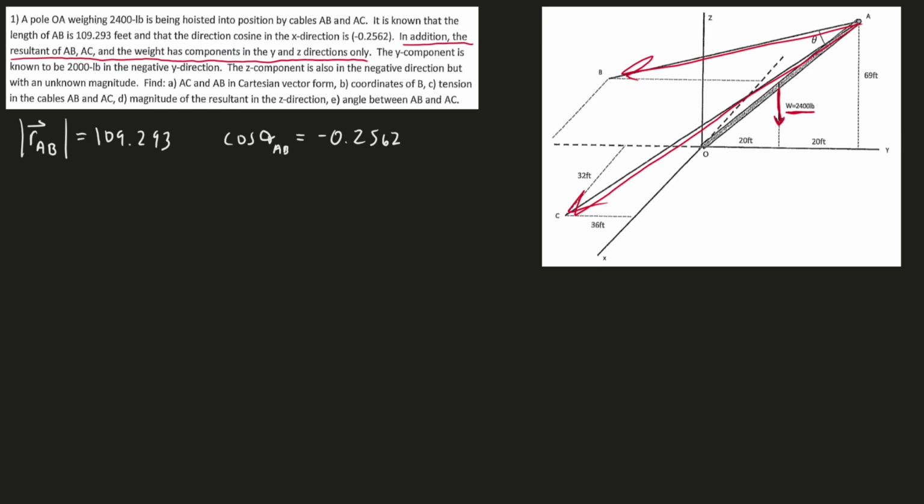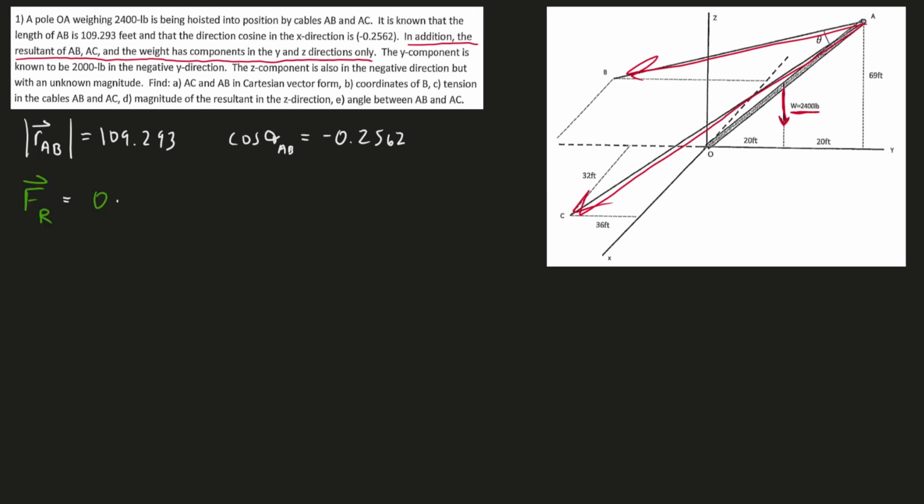And apparently the resultant of these 3 forces has components in the y and z directions only. So 0 in the x, but we have some unknown component in the y and some unknown component in the z.